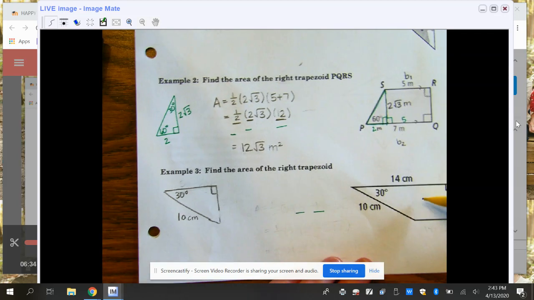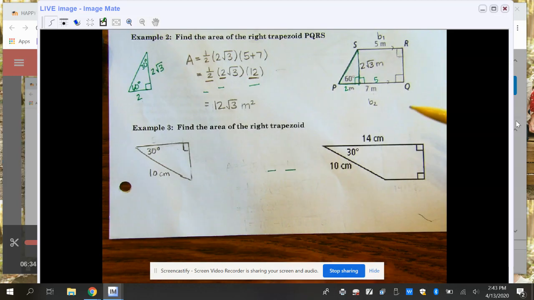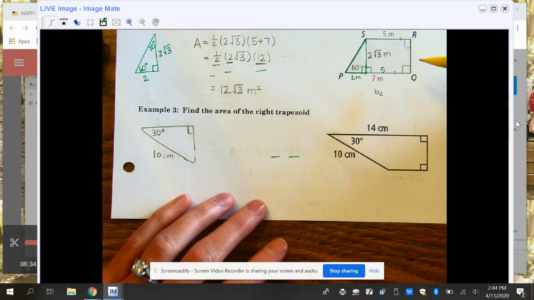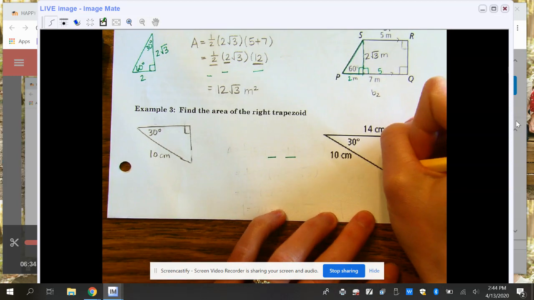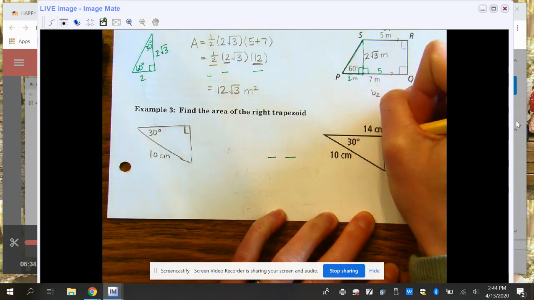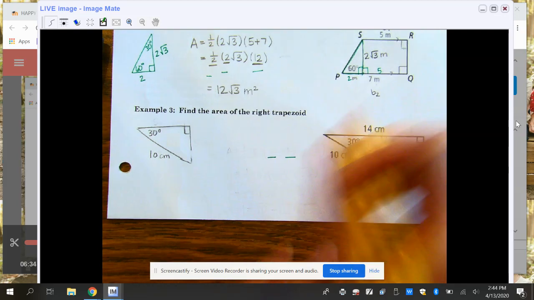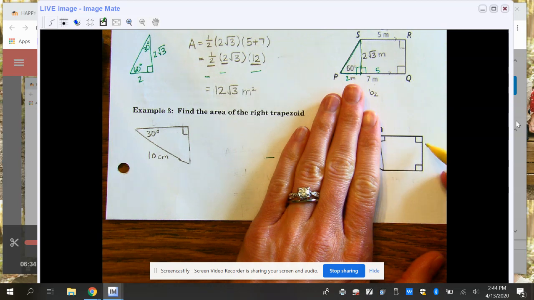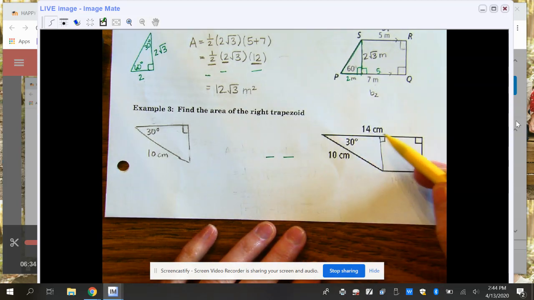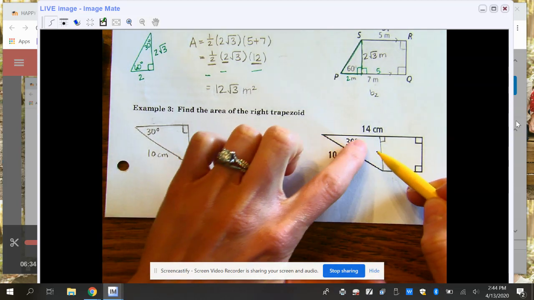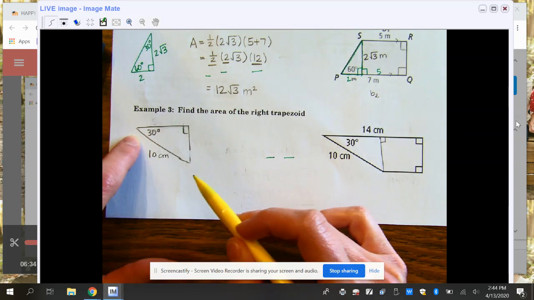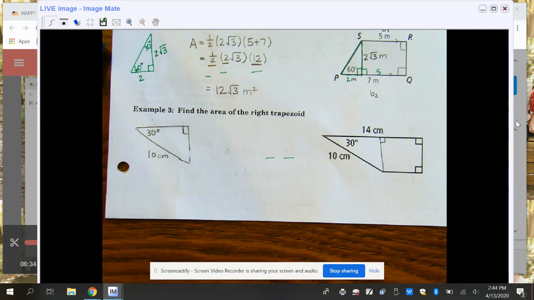Okay. So here's another one. What we're going to do is start by what we did here. So I'm going to draw in the height. And what I did was I created a rectangle and a right triangle. So again, I drew in that right triangle over here. And so now I can figure out the sides that I need to.